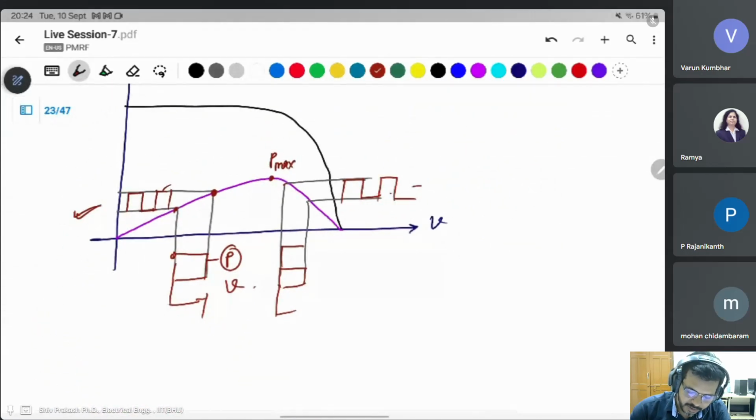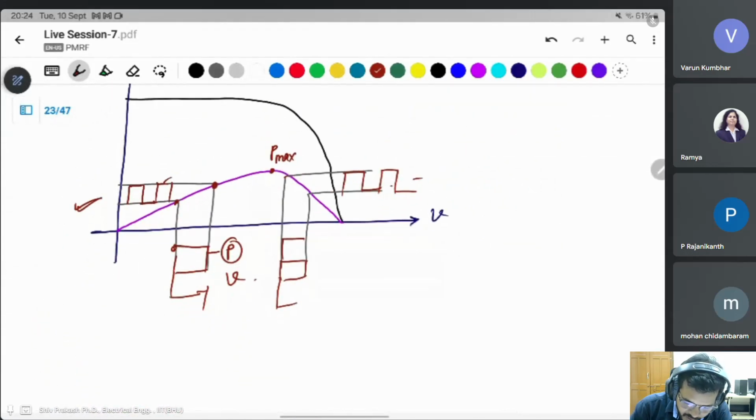Suppose here the voltage is lower, after the switch is on, this voltage is given pulses. Then we can see at this point, here voltage and power are both increasing.